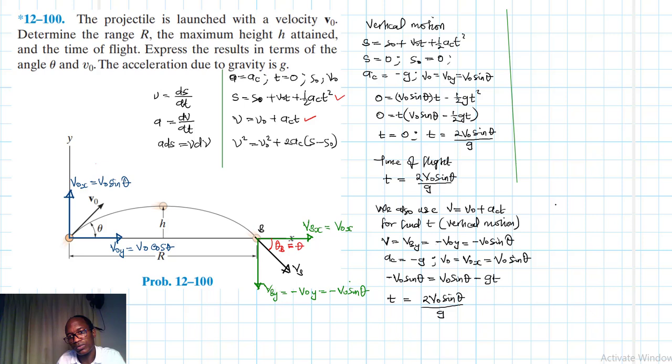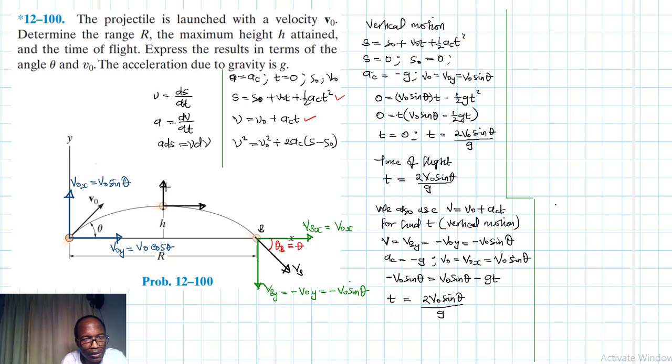So let's go to the second part. This is where we are being asked to find the maximum height. Let me indicate some of the properties here. We're going to have this component like so, and then this one like so.